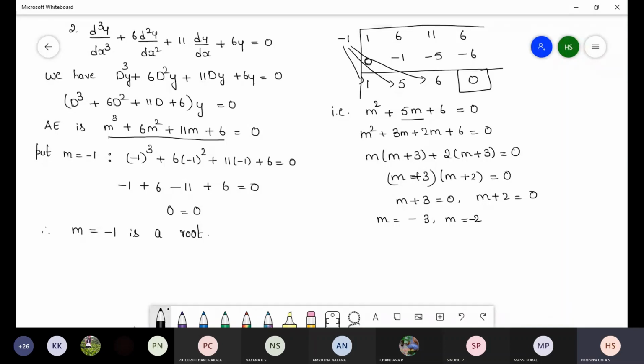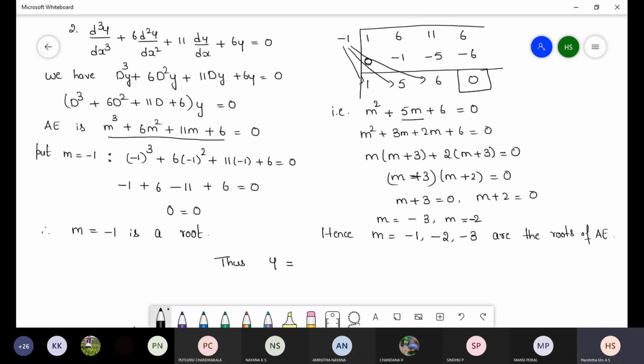Now, as the question they have asked in the third order, we get 3 roots. So I write, hence, m is equal to minus 1, minus 2, minus 3 are the roots of the AE, means auxiliary equation. Thus, write the general solution.